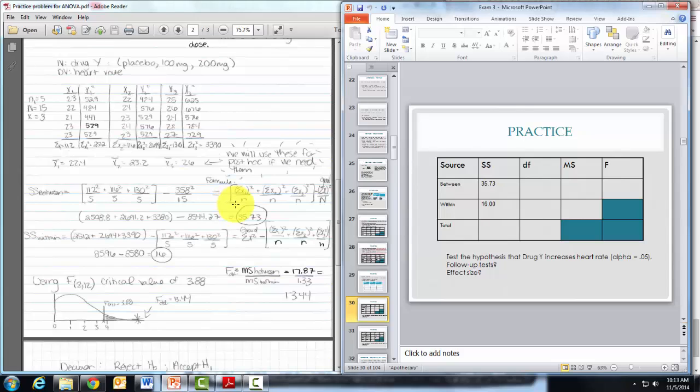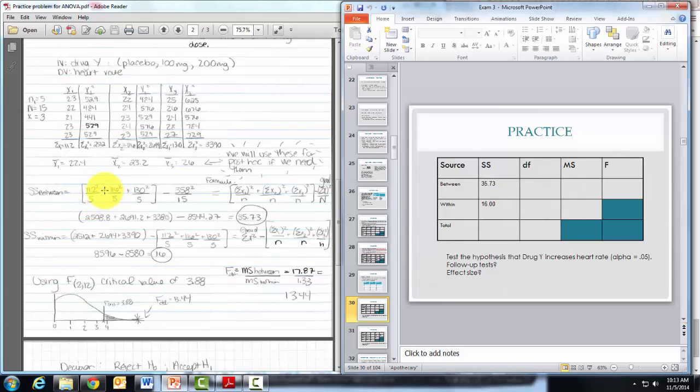I'm looking for the sum of x sub 1, which is just the sum of the raw scores for group 1, which is 112. I'm going to square that, so it's 112 squared. The n is the number in that group: the raw scores that go into the sum of x are 1, 2, 3, 4, 5. So I divide that by 5.